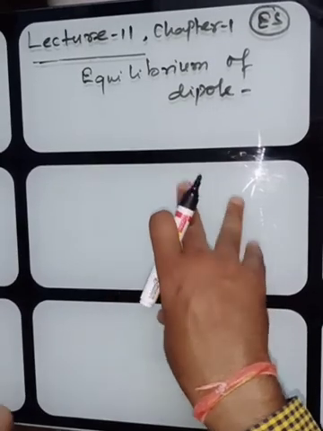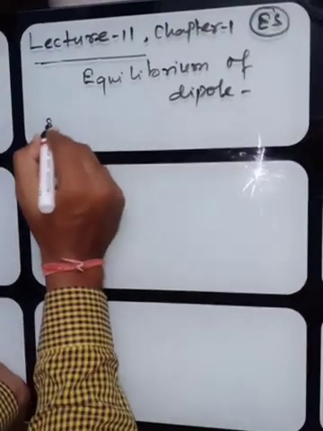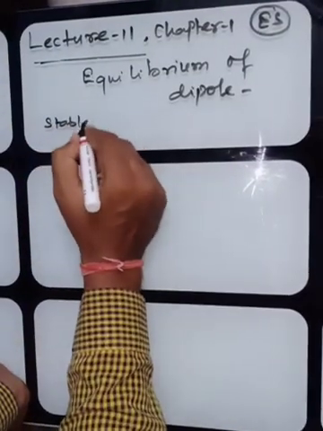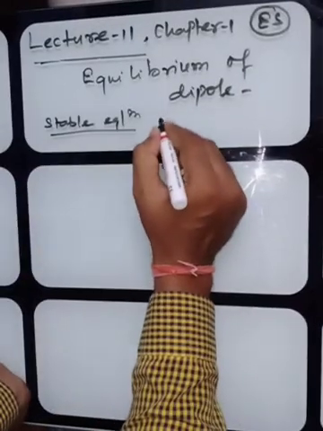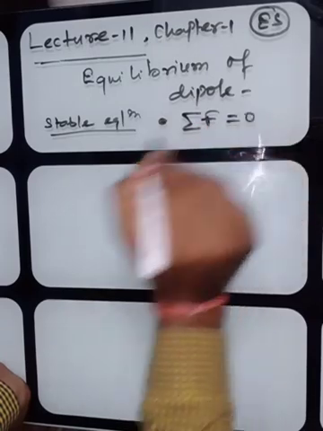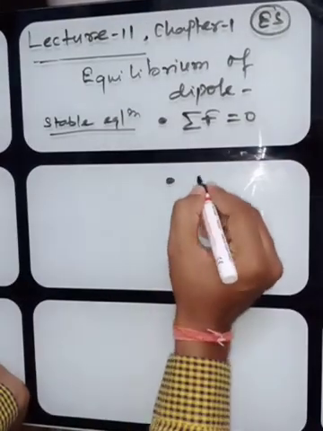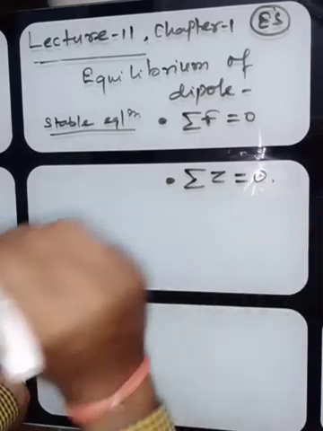For stable equilibrium, remember, first point, net force must be 0, and second, net torque will be 0.